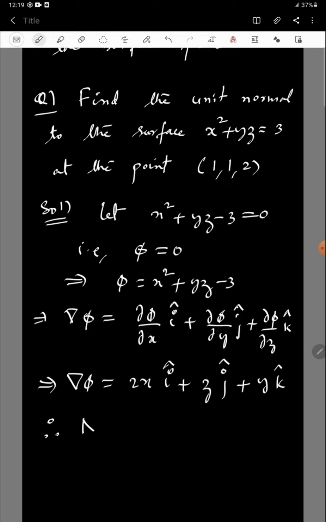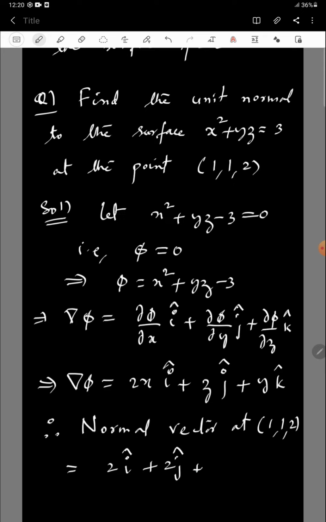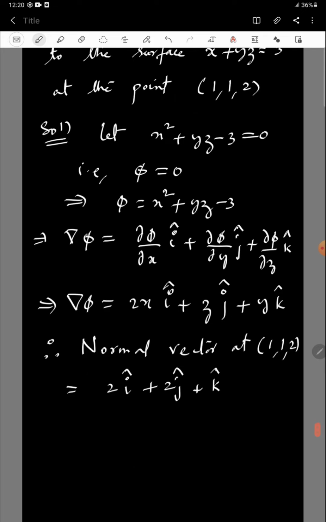This is the normal vector at a given point; if the point is not given, that is a general normal vector. At this point I just substitute x value 1, y value 1 and z value 2, so I get 2i plus 2j plus k. This particular vector is the normal vector.